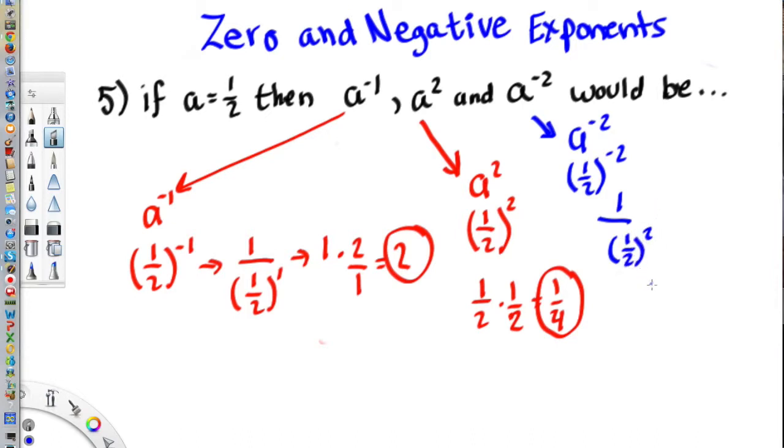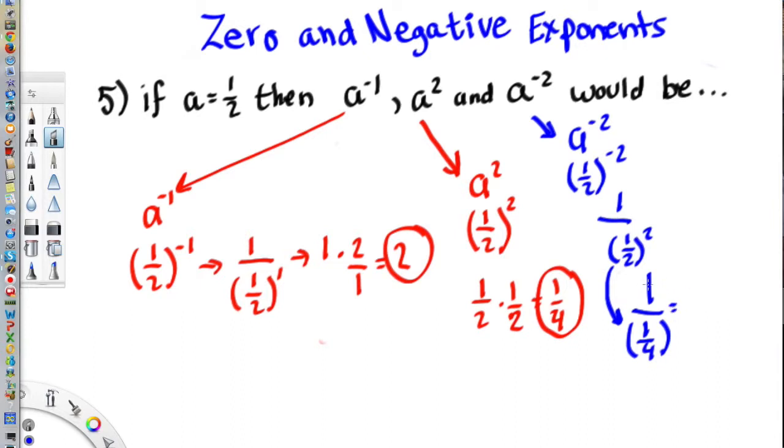I already figured out over here that 1/2 to the second power is really 1/2 times 1/2. So keep going down the slant here. I get 1/2 times 1/2, which would be 1/4.